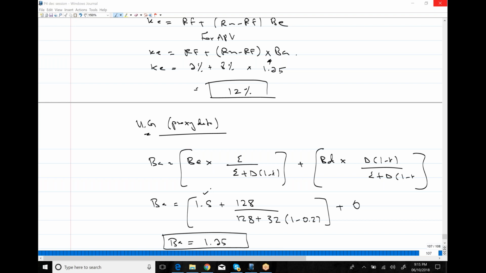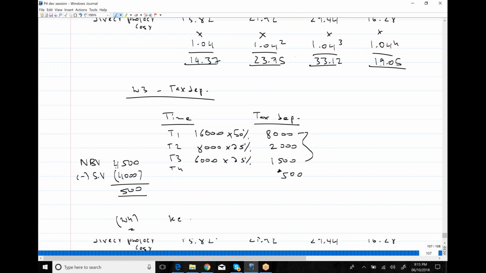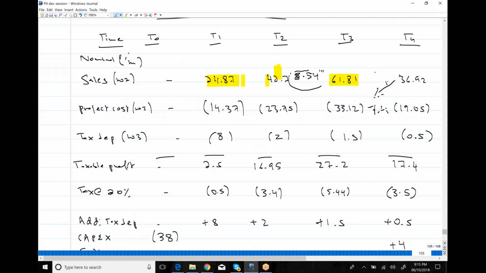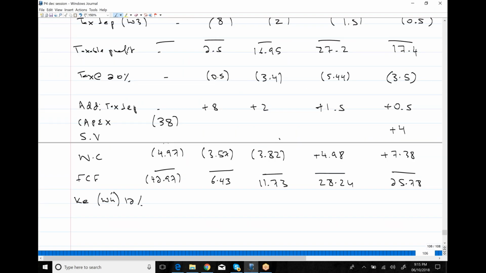Okay, now let us do the discounting at 12%. KE, that is 12%, right? So the factors are 1.893, 0.797, 0.712, and 0.636.